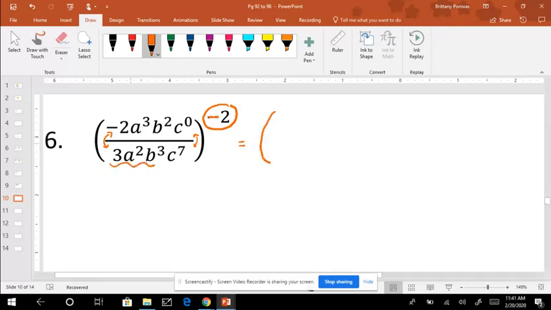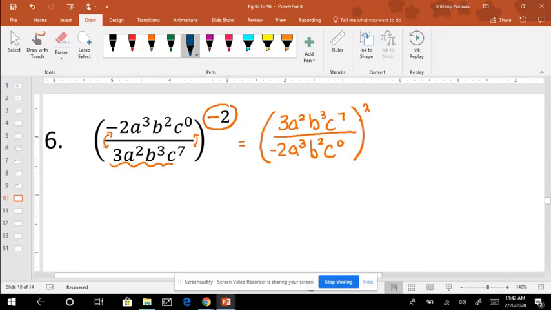So the denominator now becomes the numerator, and the numerator now becomes the denominator. When you swap that, the negative 2 on the outside becomes a positive 2.